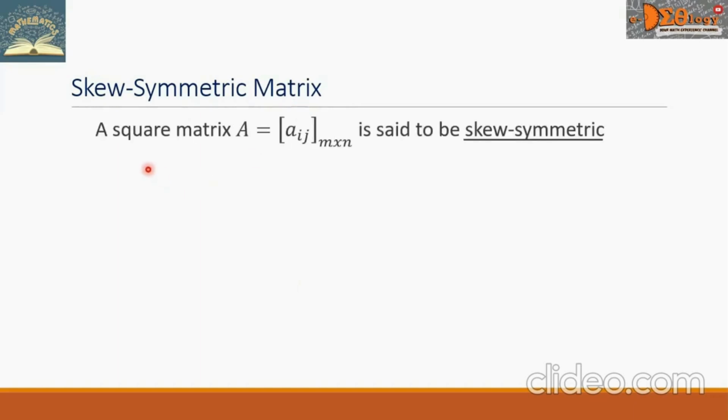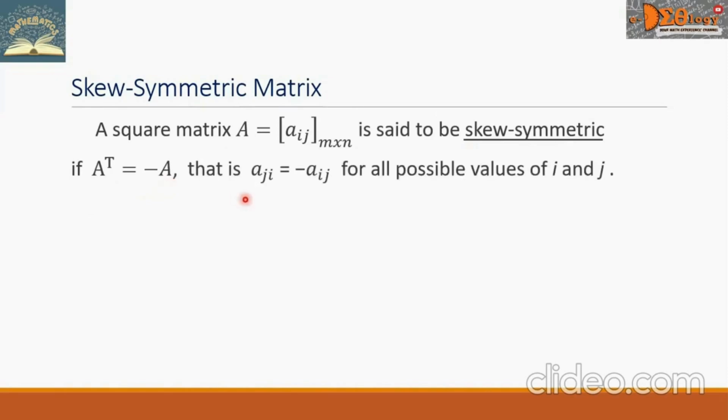Let's go now to skew symmetric matrix. A square matrix A is said to be skew symmetric if A transpose is equal to the negative of the matrix A. That is, the element A sub ji is equal to negative A sub ij for all possible values of i and j.